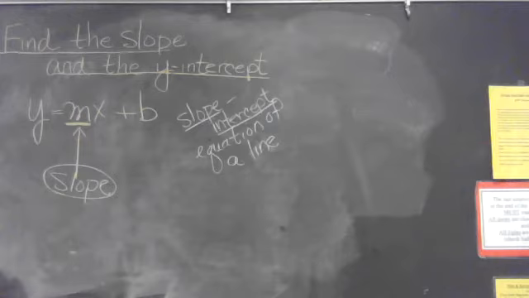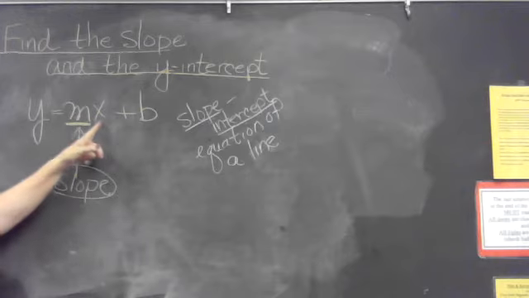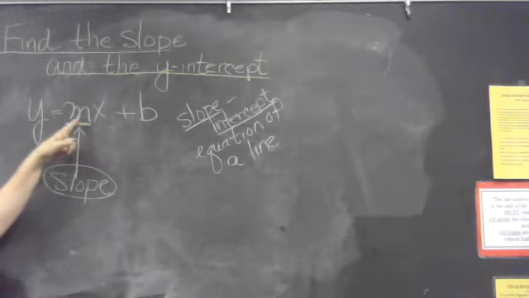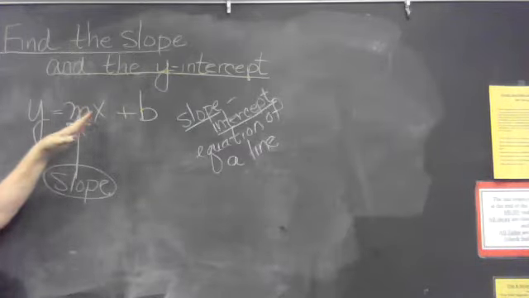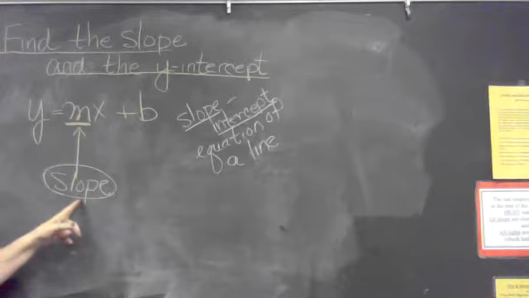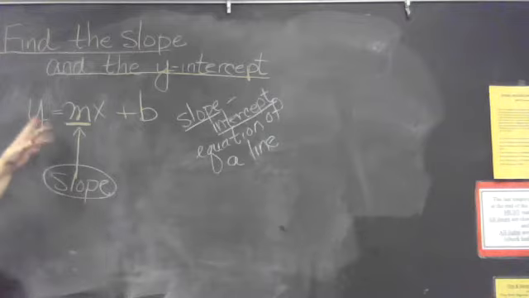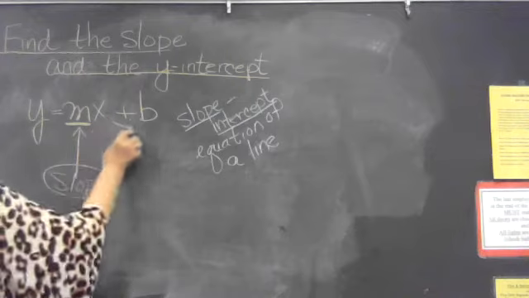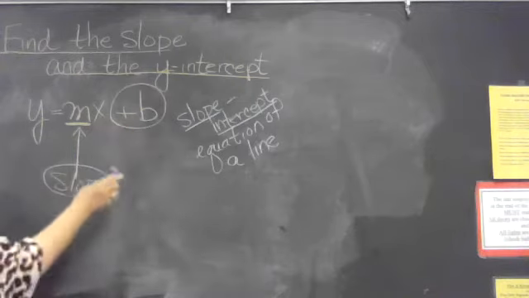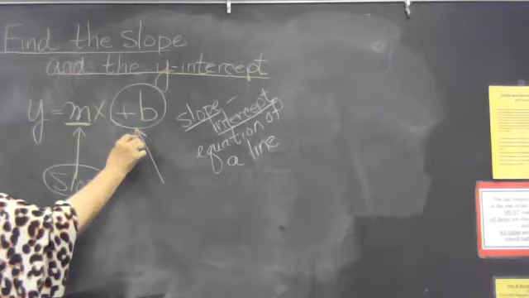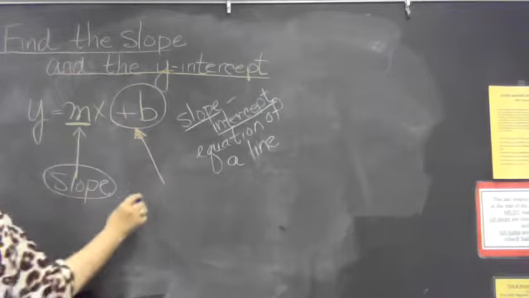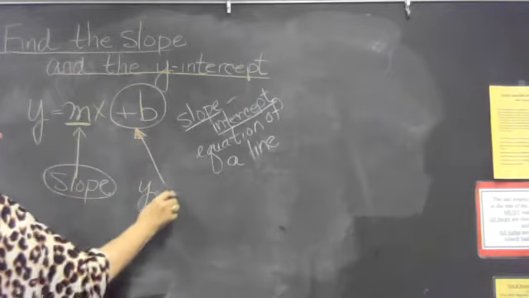Now when you say what the slope is, you're not going to include the x, only the coefficient. This is called a coefficient. It will be a number. And the number in front of the x is the slope. All you have to do is solve the equation where y is by itself. And the number here, including the sign, because sometimes it'll be minus for a negative, is the y-intercept.